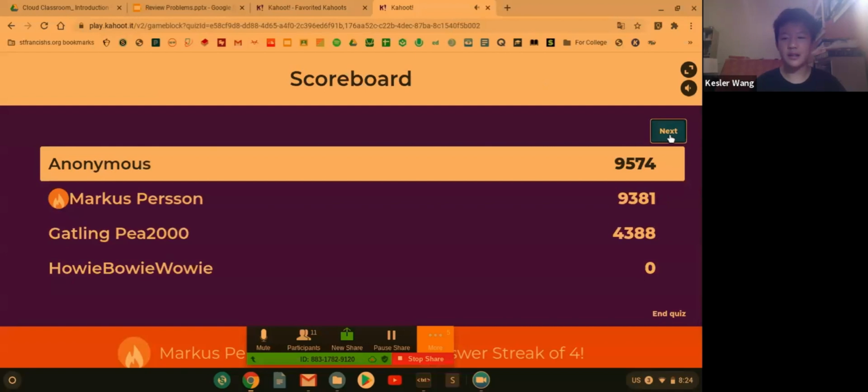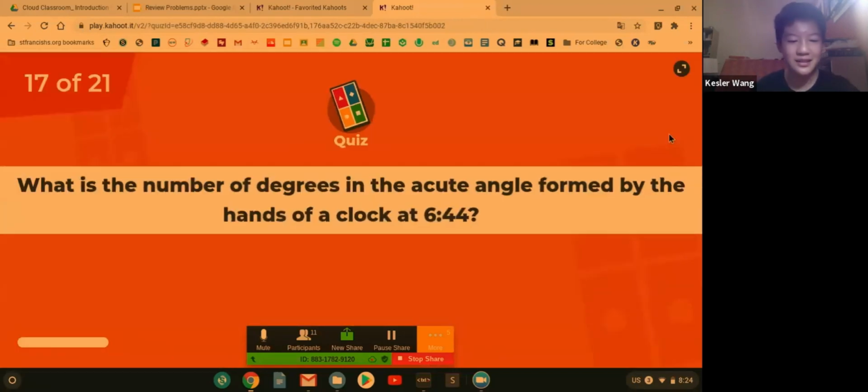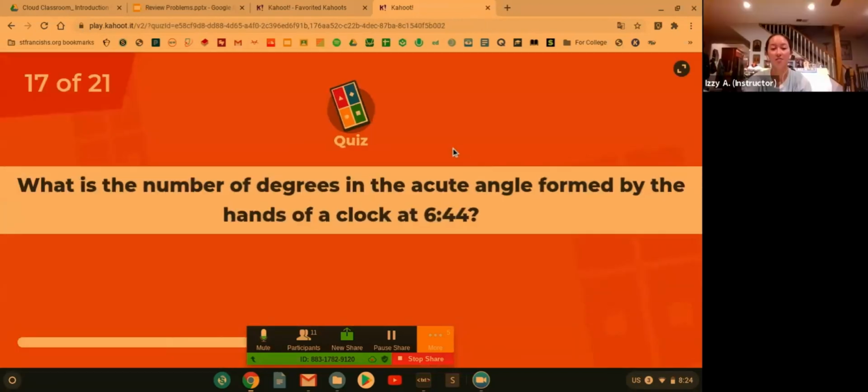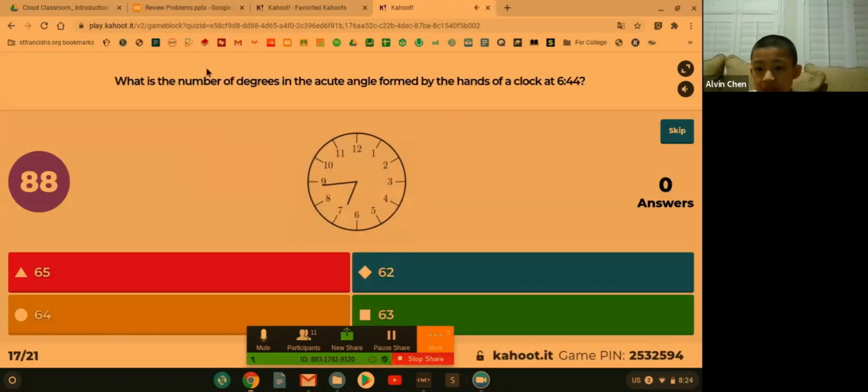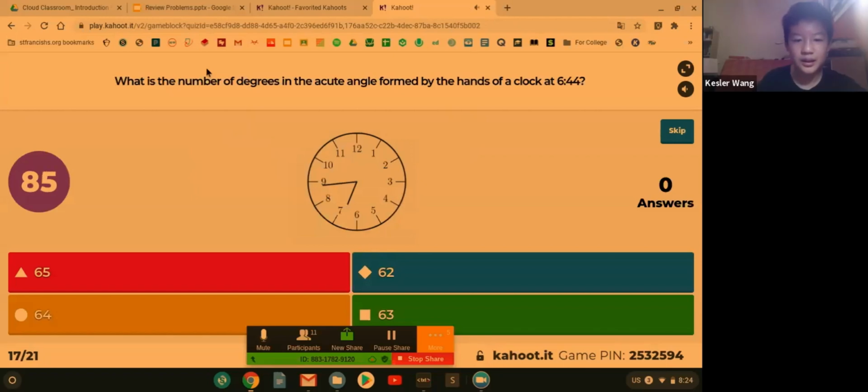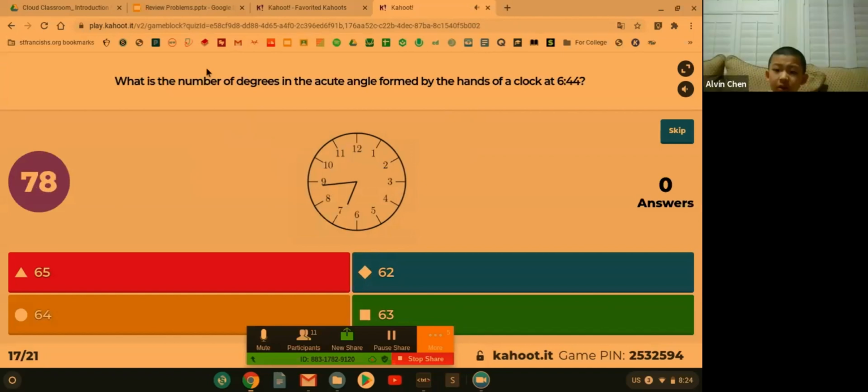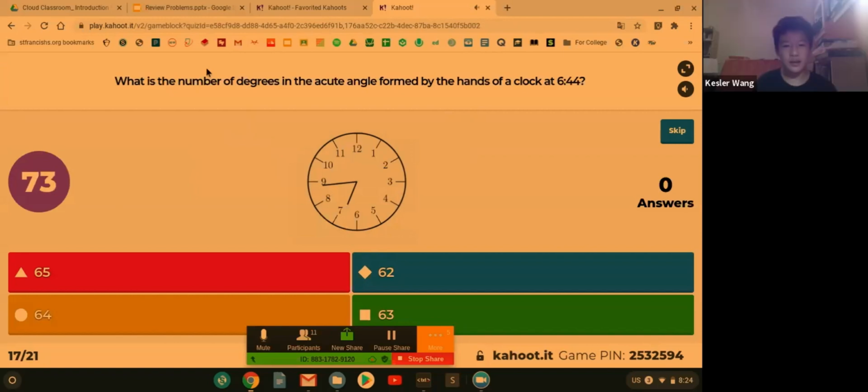Wait, could you go back to the rectangle? Never mind. Oh, great. 644. Wait, wasn't the degrees at 640? Let's see, 50. No, that was 840. Yeah, that was 840. Oh, 644. Wait a minute, we can still use the same mindset because it's still 1 hour and 40 apart from each other.